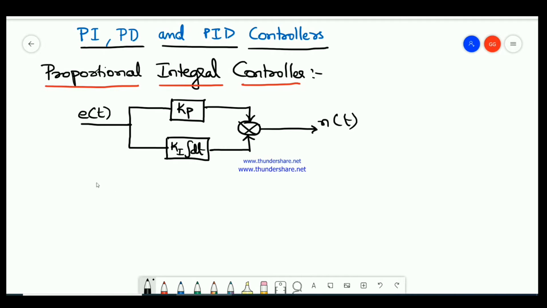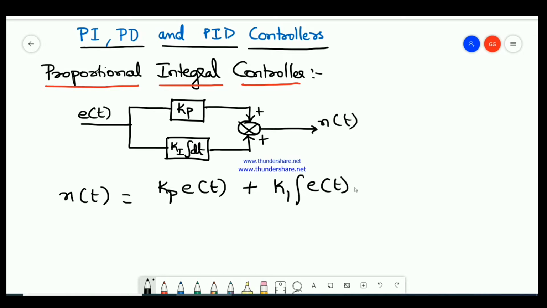Therefore E of t gets multiplied with both of these blocks, E of t into Kp and E of t into Ki integral of dt. So n of t equals Kp into E of t added with, because both are positive here, Ki into integration of E of t dt.